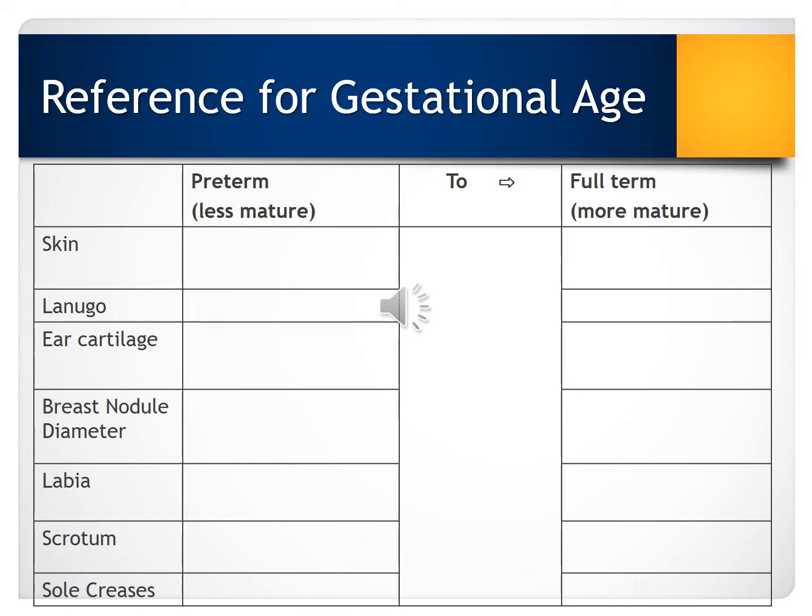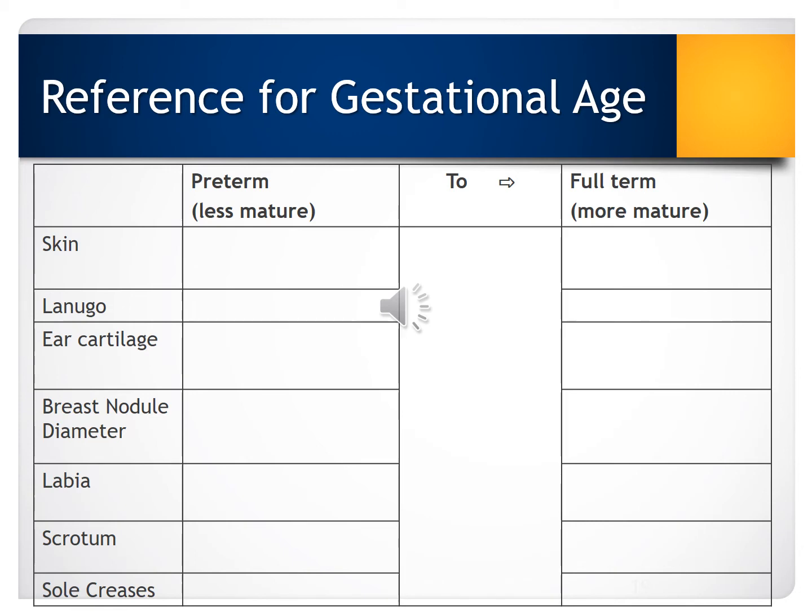The labia majora is covering the labia minora in a more term female, as opposed to a preterm, where the labia minora is the dominant feature seen. The scrotum is descended in a mature male newborn. And then the creases in the soles of the foot are more prominent the more term a baby is.